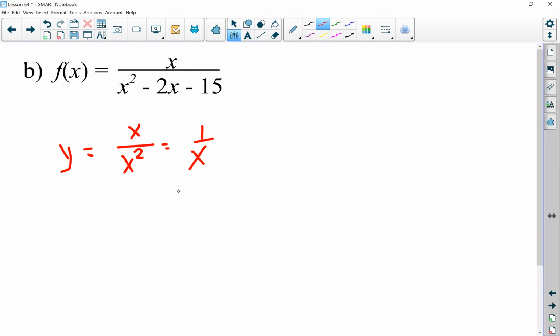And what happens as x gets larger and larger, this goes to 0. So think about x being 1,000,000 and then 1,000,000,000 and then 1,000,000,000,000. And every time I get a larger value for x, my fraction becomes smaller and smaller. So that would be an asymptote at 0. It's really the only thing I wanted to show on that one.